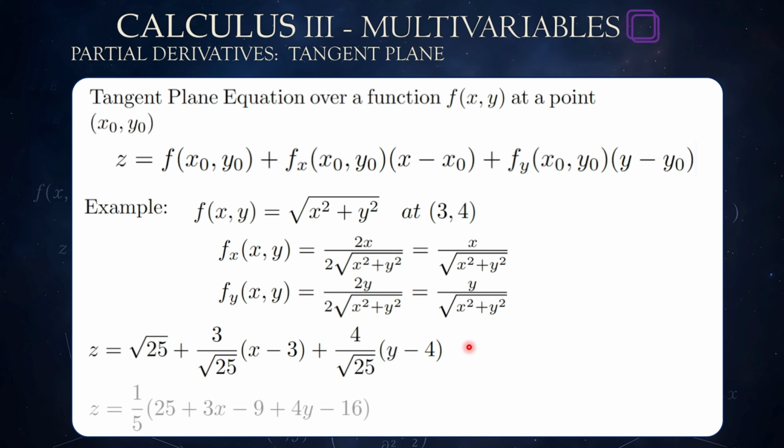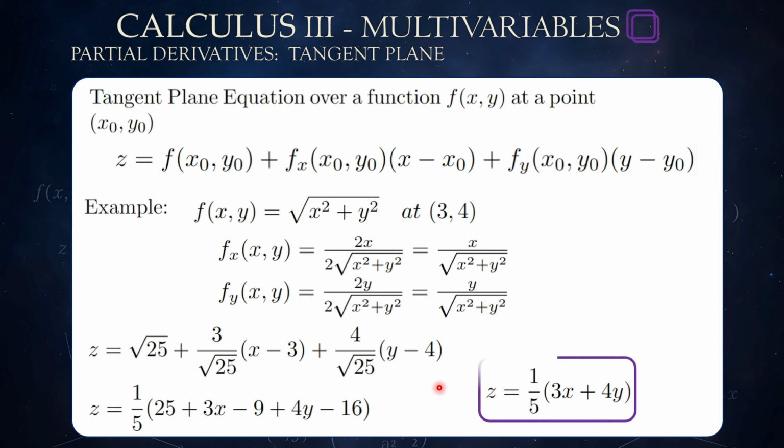That is the equation. Then you expand it: 1 over 5, 25 plus 3x minus 9 plus 4y minus 16, which gives you z equals 1/5 of (3x plus 4y). That is the equation of the tangent plane against this function.